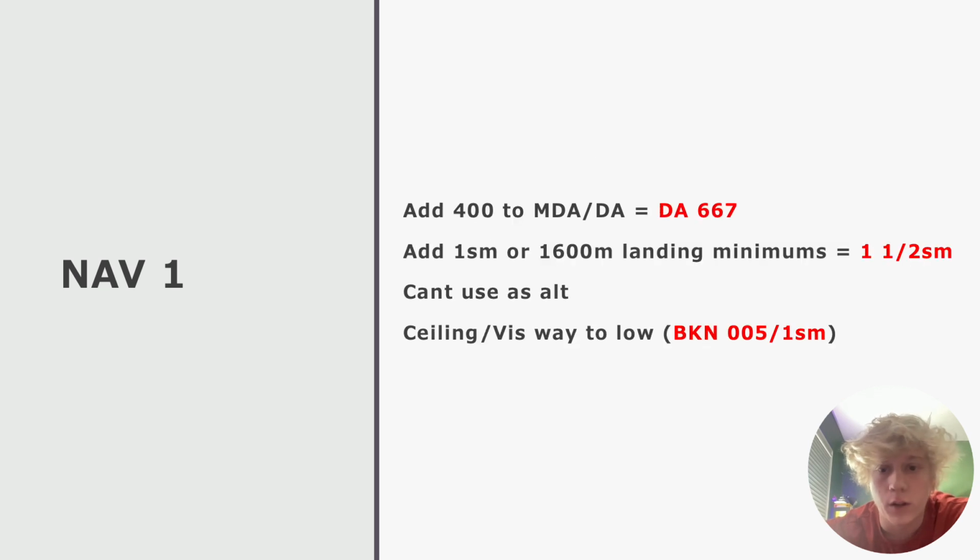So using that rule in the FOM, we will add 400 to the MDA/DA, so that would give us a DA of 667. We'll add that 1 statute mile, which will give us 1.5 statute miles, so we can't use this as an alternate, sadly, because the ceiling and visibility is still way too low in this case: broken at 500, 1 statute mile.